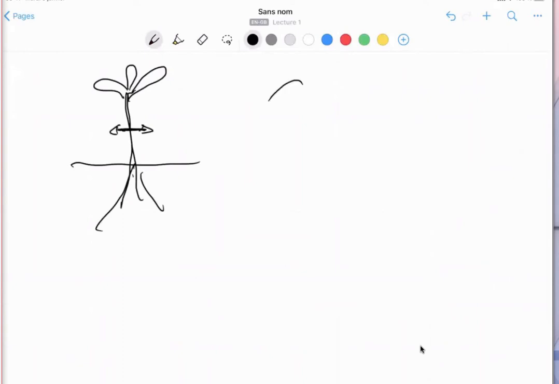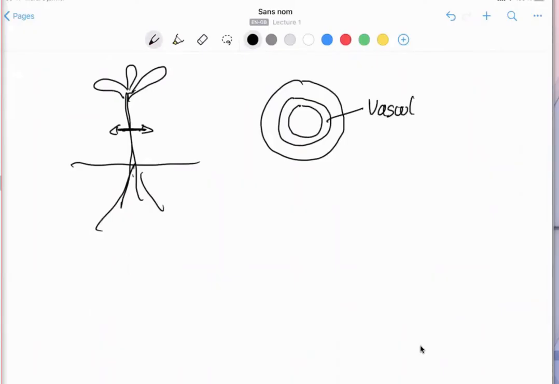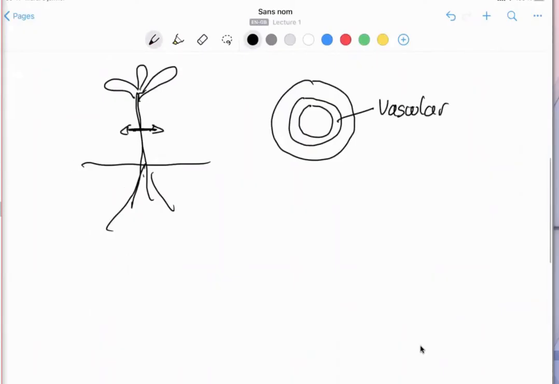So the stem is like that. So this is the cross section. In the middle, you've got what we call the xylem and the phloem. So this is the vascular tissue.